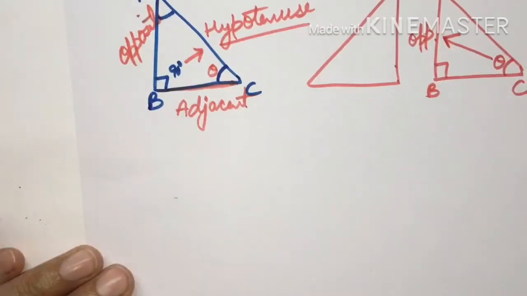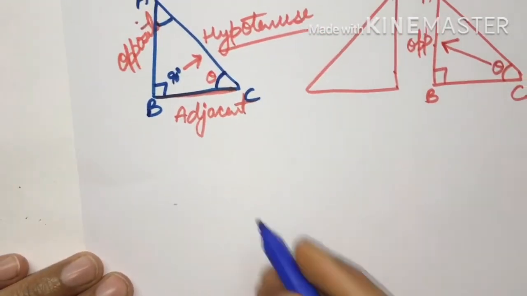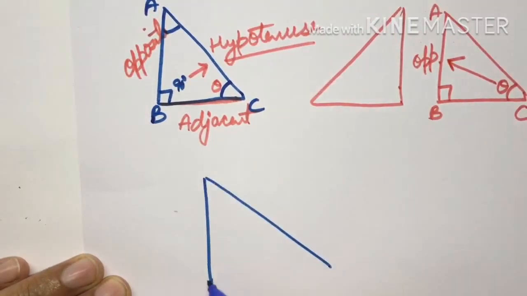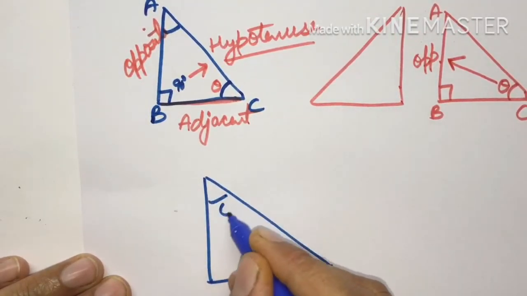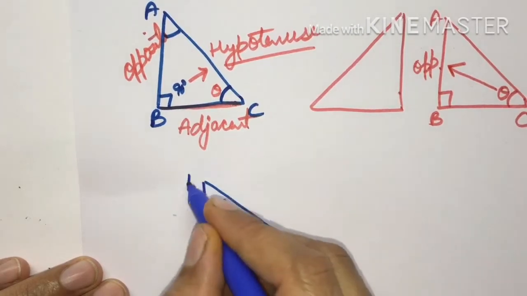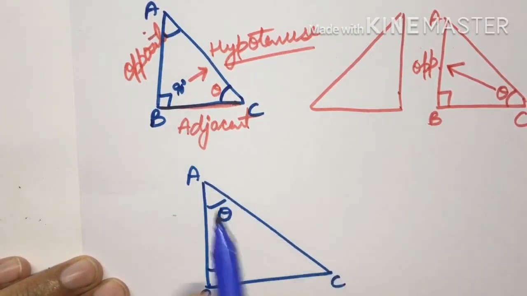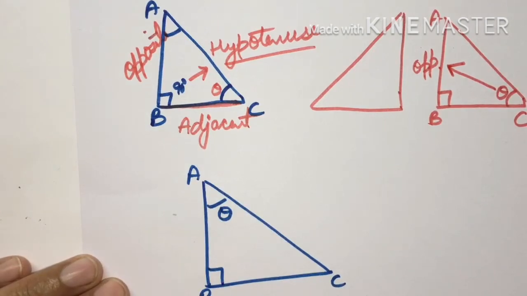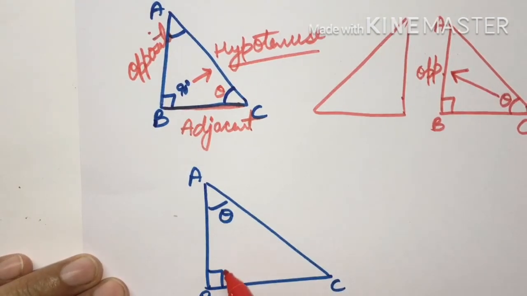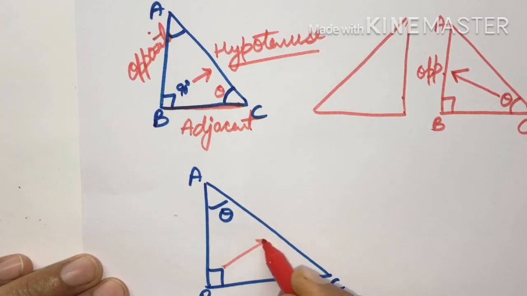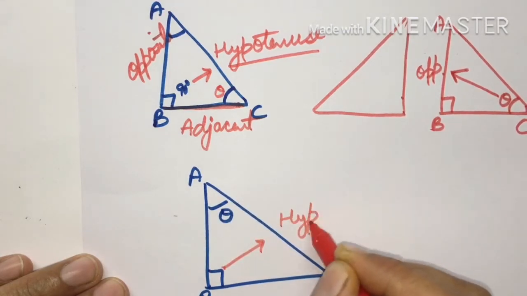For example, again I will take one more triangle. Now I will take this angle A as the theta angle. So now the other sides will change according to this. First of all, opposite to 90 degrees, again this will be the hypotenuse.